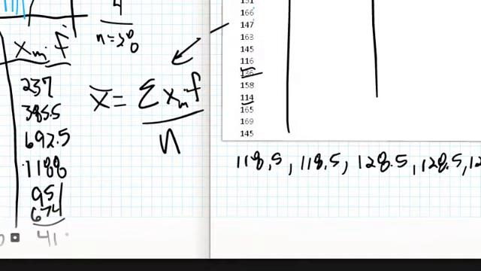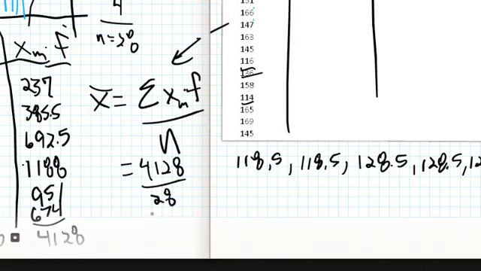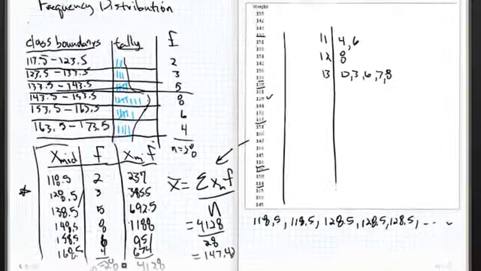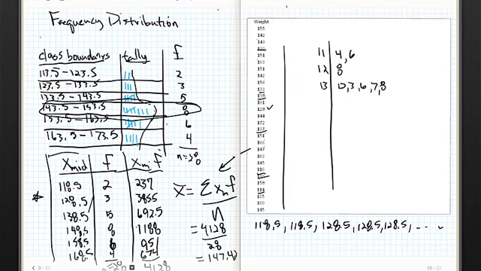Sorry about this, it's down here in the margin, but that's okay. So my mean is 4128, which was just the sum of all those, divided by 28. And this ends up being, with my handy dandy calculator, 147.42. Now, look at where that puts me. That puts me somewhere square in here, which is where it should be, right?